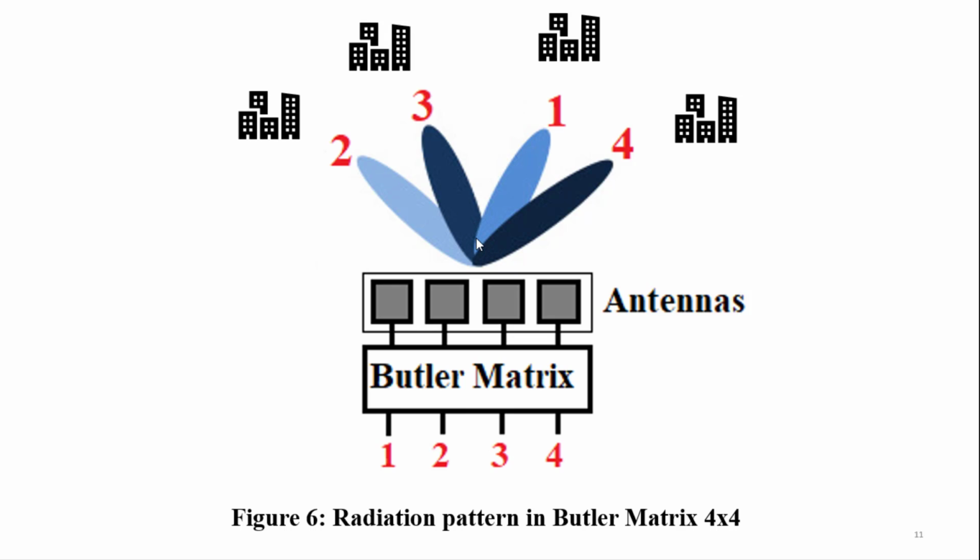Each beam is directed toward its desired direction. So here I talk about 4 beams with the same radiation performance level. I cannot talk about a main beam with secondary lobes, but about 4 beams with the same level.